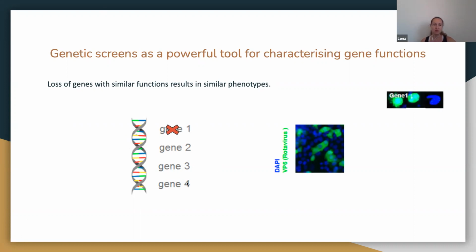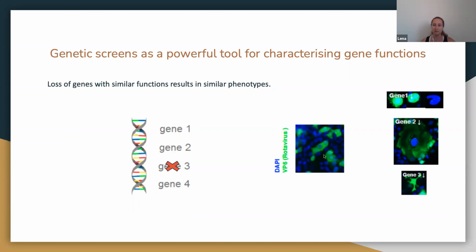If we knock down gene 1, we receive the image on the right, which depicts how the inactivation of this gene affects the cell. So each time we knock down a different gene and see the influence on the images on the right. So here we see gene 2 and gene 4, they have similar phenotypes. So we can understand that they are connected.